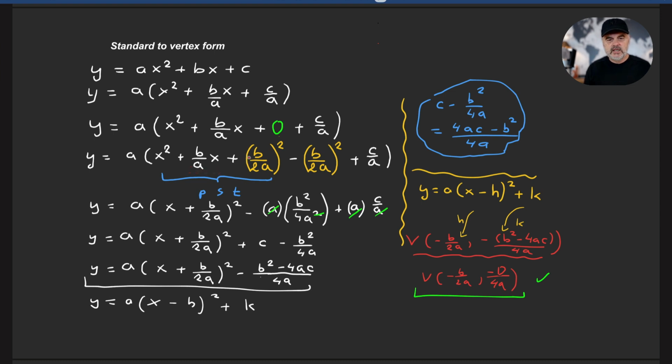If you think about b over 2a, when you multiply by x and times 2, it will be in totality b over a times x, because the 2 will be cancelled. Hence the secret 0 introduction: we would use b over 2a squared, because we're missing the third term in the expansion of the perfect square trinomial. And at the same time, you subtract that added value. So that's the 0 principle.